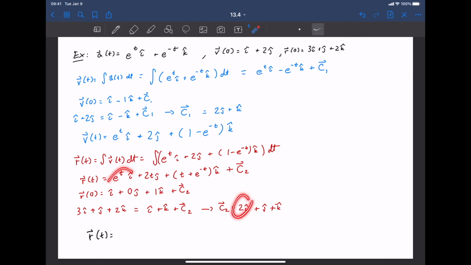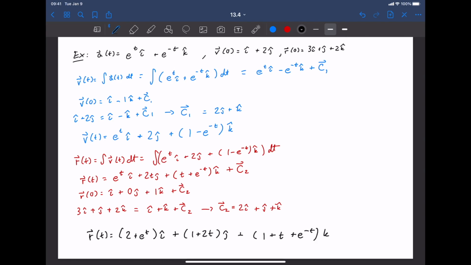The i components need to go together. I got 2 plus e to the t in the i direction, plus 1 plus 2t in the j direction, plus 1 plus t plus e to the negative t in the k direction. And that's your final answer.